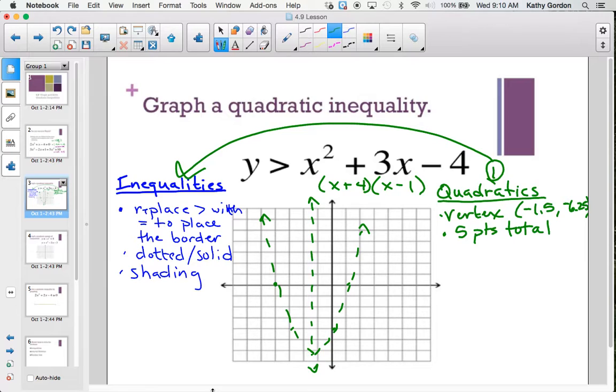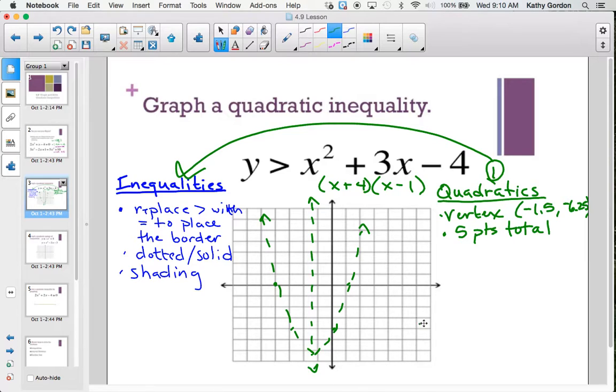Okay? And then finally, I'm going to need to shade. But our shading now is not so much about one half or the other half. It's more like, do I shade inside the U or outside the U? Because it's the U shape, that parabola, that is our boundary line now. So the question is, are my solutions on the inside or on the outside? Can I use 0, 0 in this case? Yes. It doesn't appear to be on my boundary line at all. So if I put in 0 for x, what do we get?